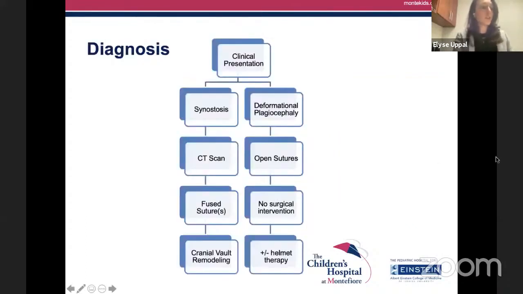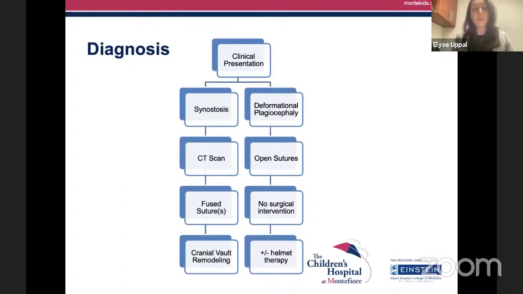So here's a little flow chart of how we take these patients. If we think based on clinical presentation that somebody may have craniosynostosis, we'll get a CT scan to see if there are fused sutures. And if there are fused sutures, then we'll do a cranial vault remodeling. If based on the exam, we think that it's more likely deformational plagiocephaly, they would have open sutures in that case, and no surgical intervention.